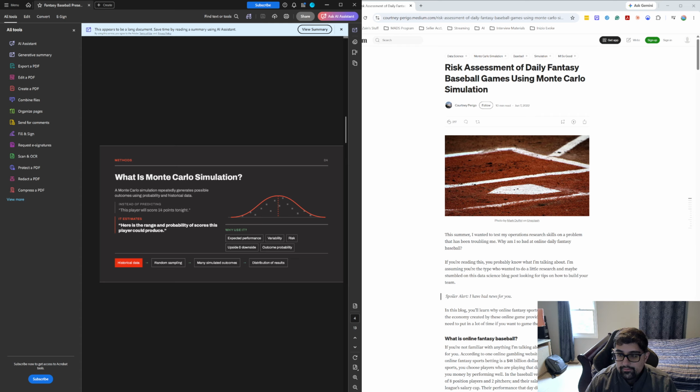So instead of saying this player is going to score 14 points tonight, the model that Courtney created tries to explain, based on what this player has done historically, here are the different kinds of performances we could reasonably see tonight from this player. So the reason he decided to use it was you were able to see expected performance, variability, risk, and from that you're able to figure out upside and downside and different outcome probabilities.